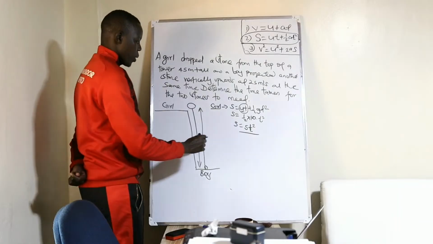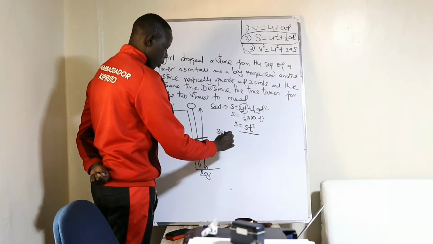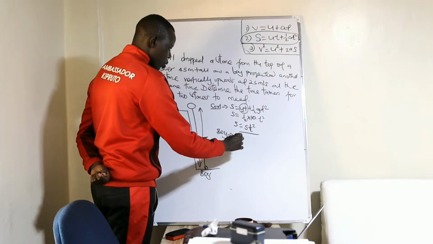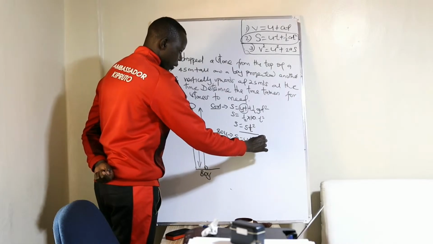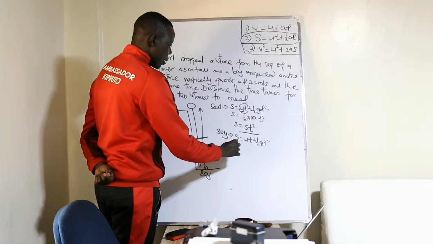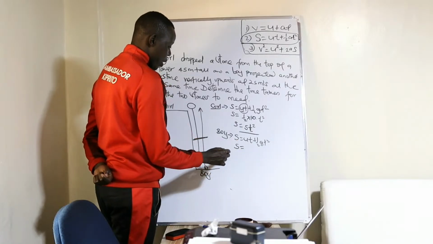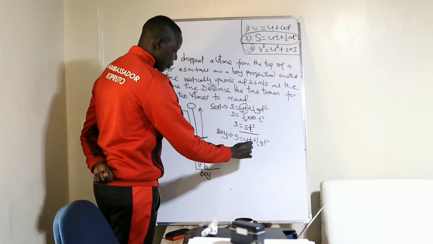Sawa. Twende boy. Use the same equation. S is equal to ut plus half gt squared. S is the one that we are looking for. Andika hivyo. S is equal to 25t.